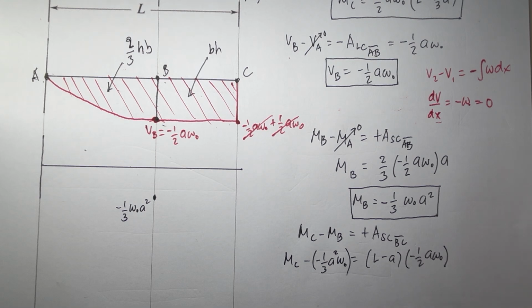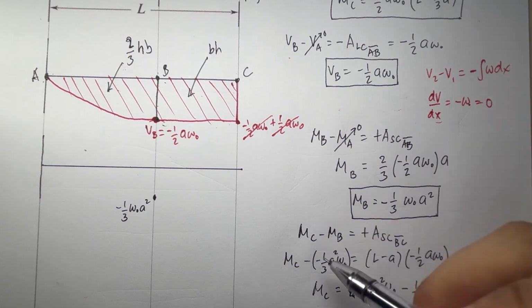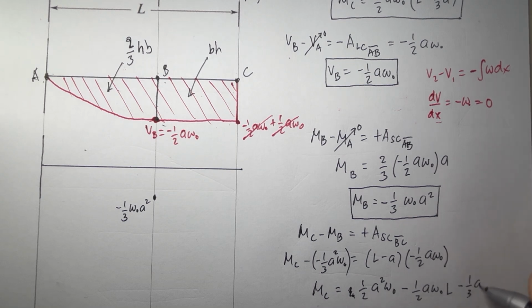So our MC here is just equal to L times negative 1/2 A omega naught, plus 1/2 A squared omega naught. If we transpose to the other side the negative 1/3 A squared omega naught, we have 1/6 A squared omega naught minus 1/2 A omega naught L.